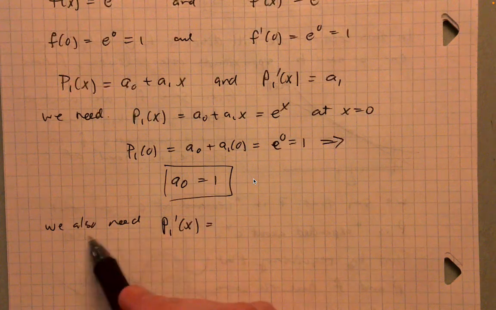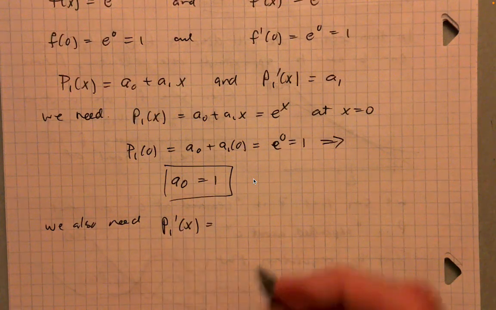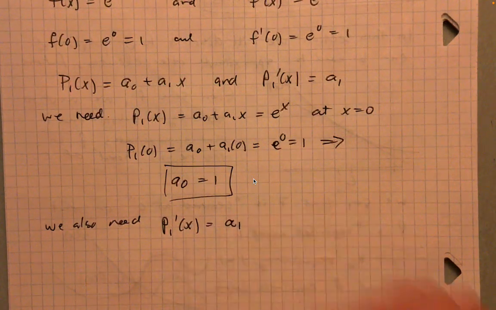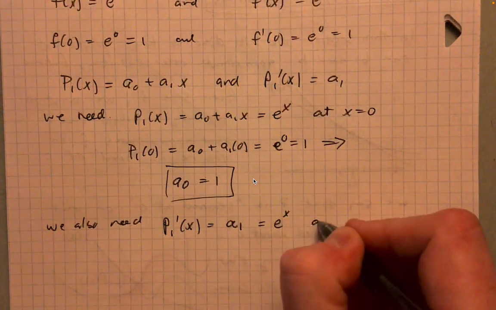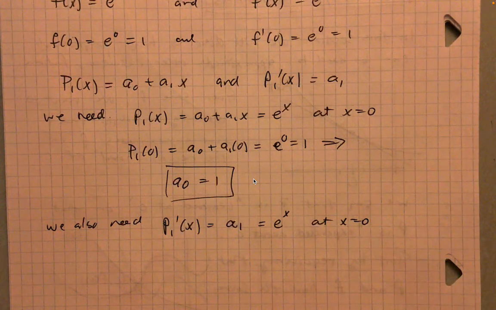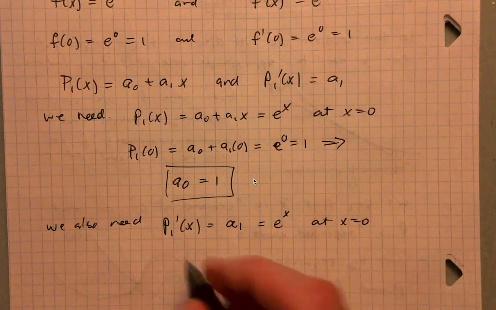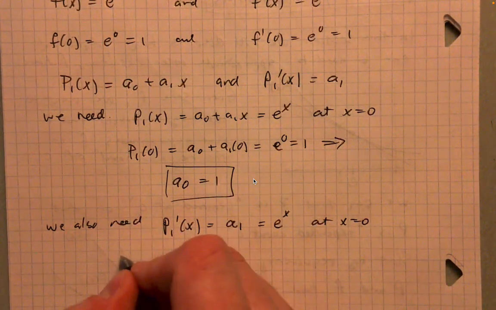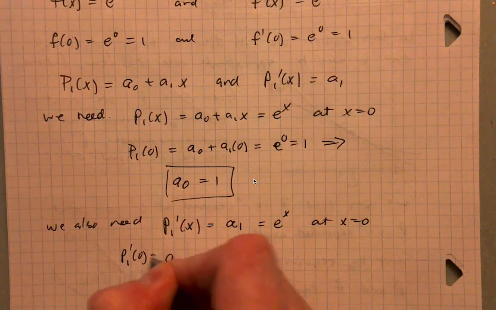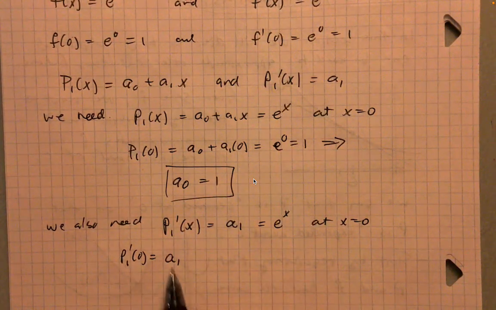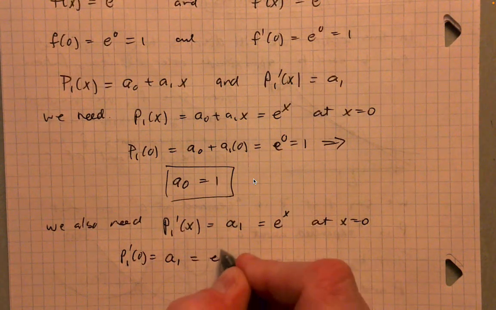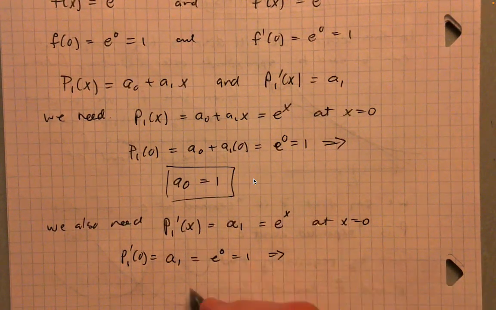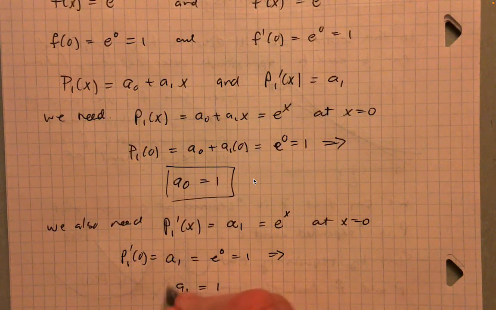So we need P1 prime of x, which is equal to a1, to equal e to the x at x equals 0. P1 prime of 0 is just a1 again, a constant, and that needs to equal e to the 0, which is 1, so a1 is equal to 1 as well.